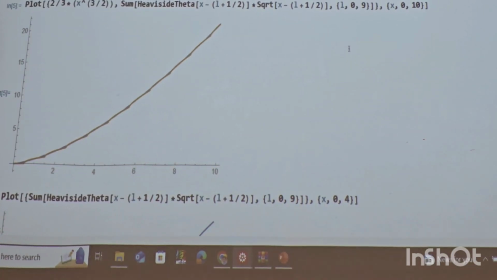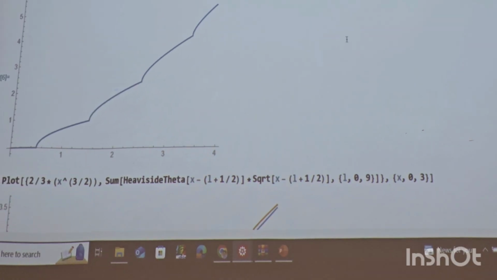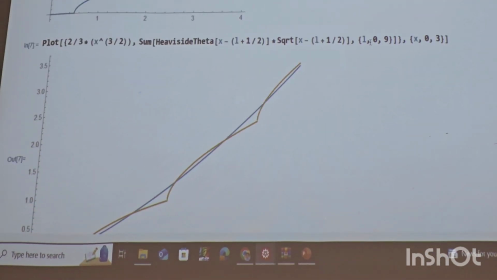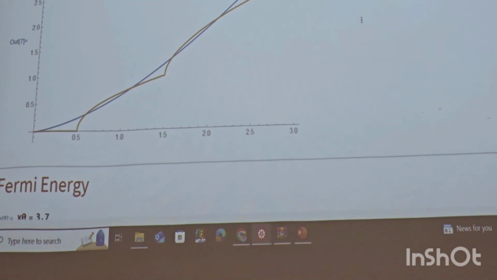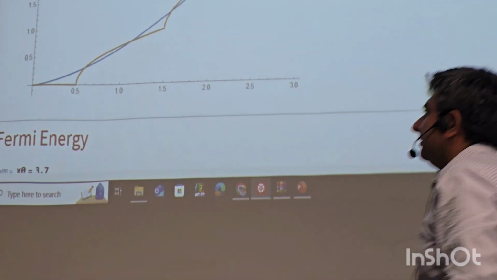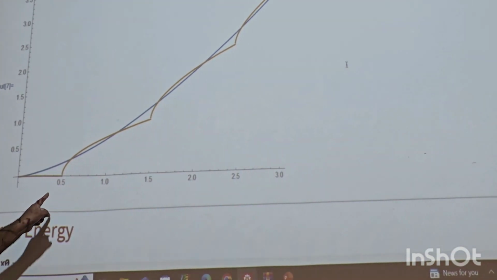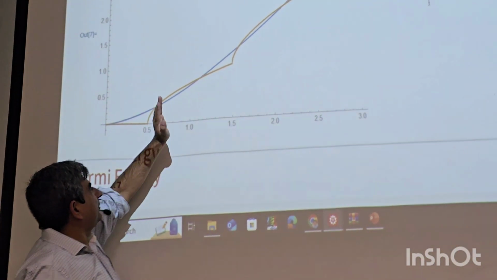And then we imposed a magnetic field and zoomed in a little bit. This is what happens in the presence of a magnetic field, the integrated density of states. Then I zoomed in a bit further and saw that the orange curve represents the in-field integrated density of states. Sometimes the number of electrons goes higher for a particular value of x_0.